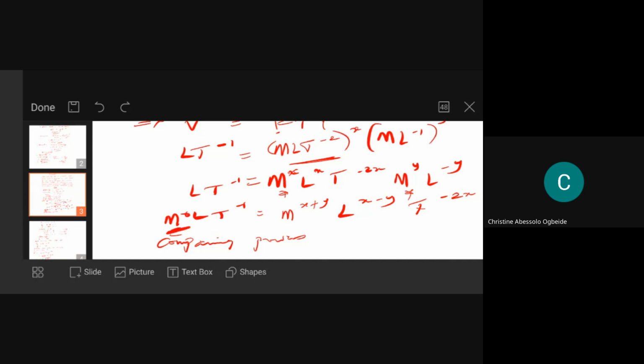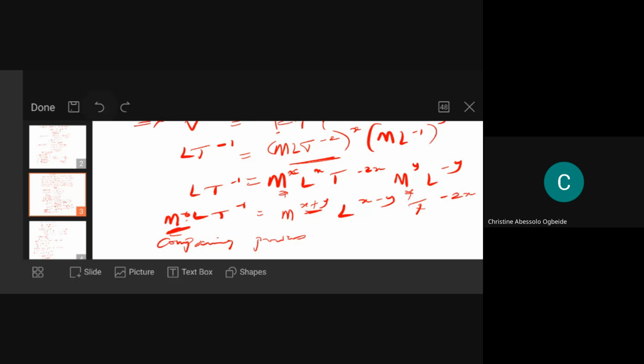So I have M, L, and T on both sides of this equation. Remember, anything raised to the power 0 is 1. So M raised to the power 0 doesn't change the nature of what the equation is giving. But why did I bring it up? I want to compare. If I compare M, on the right it is x plus y, on the left it is 0. So I will write that x plus y is equal to 0. That's the first comparison when I'm dealing with M.